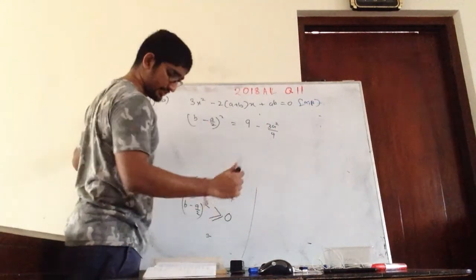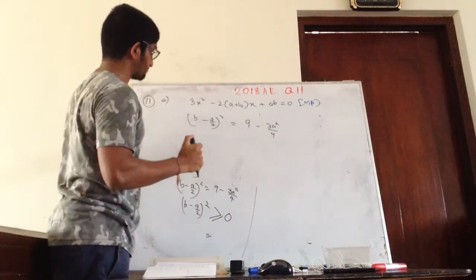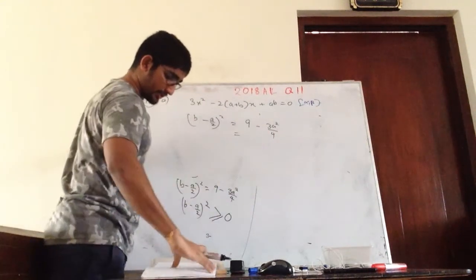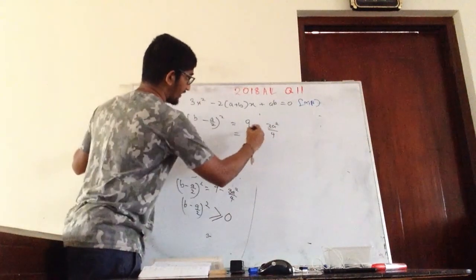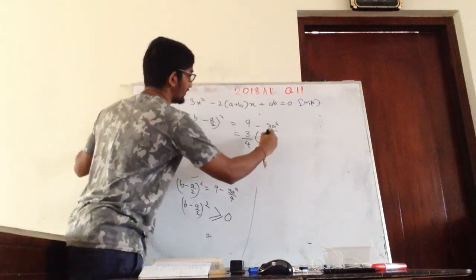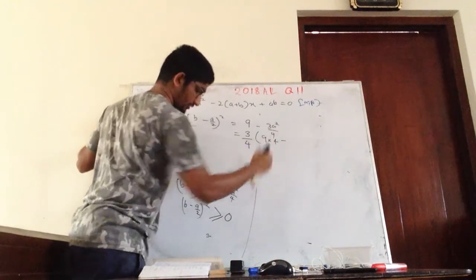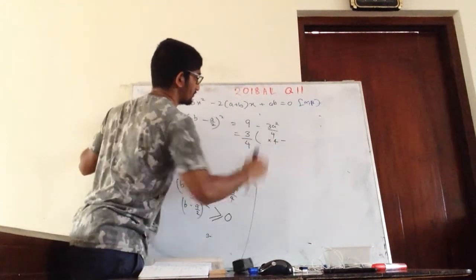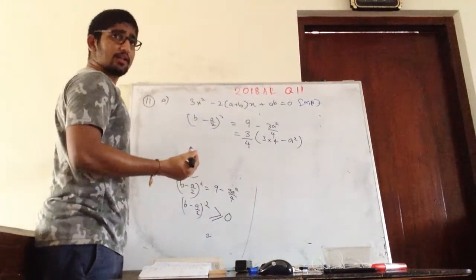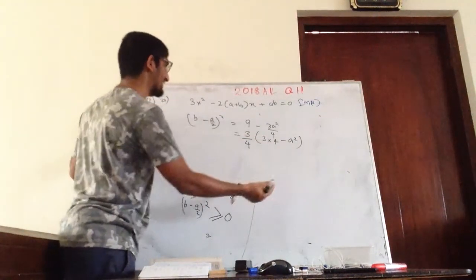So then I can take 3 over 4, then basically 9 times 4 minus 3 times 4 minus a square. Correct, no? So this is basically 12 minus a square.